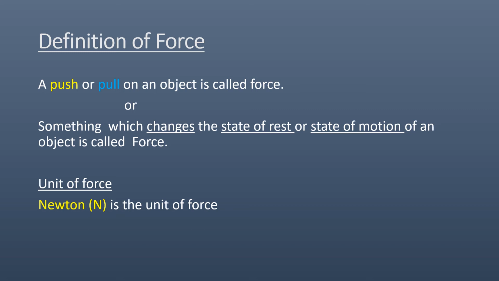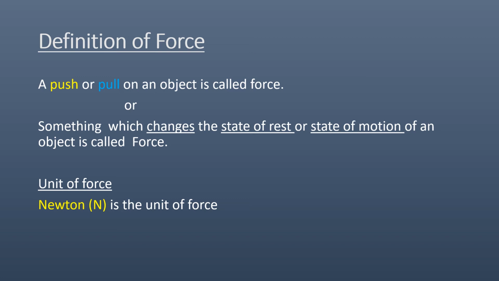It means, as you studied already, if an object is at rest, the force can make it move. If the object is in motion, the force can change its speed. It can increase the speed, it can decrease the speed, or it can change the direction of movement.